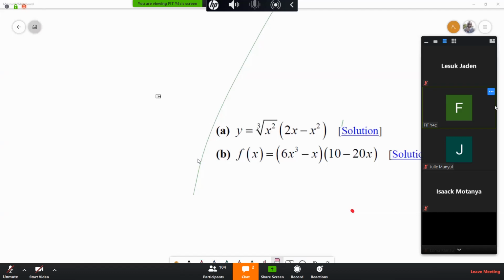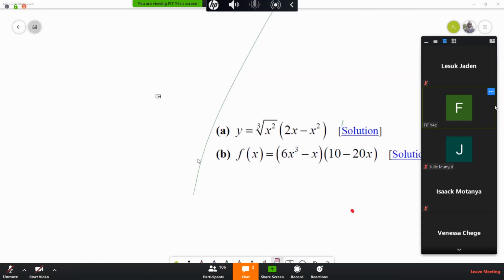Okay. Anyone with the first one? Yes, Vanessa. So the simplest form is negative 4x cubed plus 6x squared, all of it divided by 3 brackets x cubed raised to power 2 over 3, and then into brackets 2 minus x.